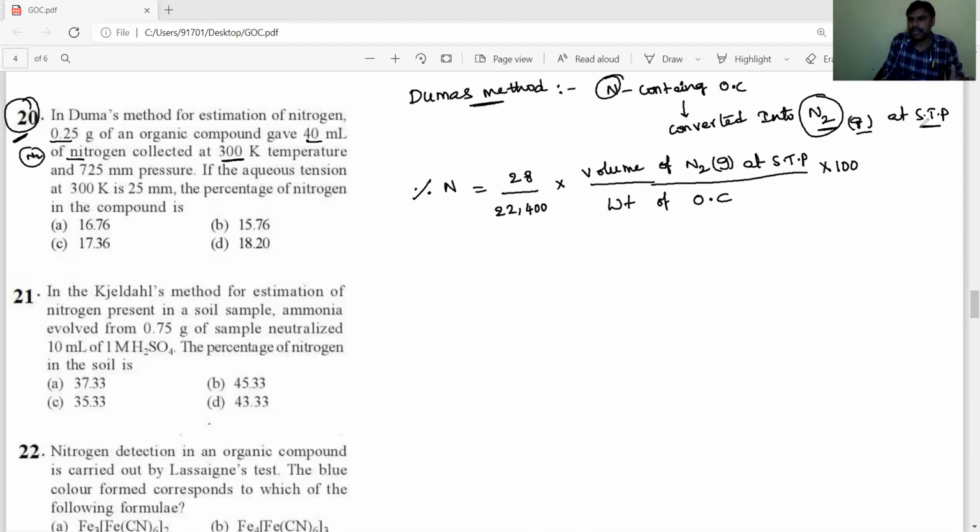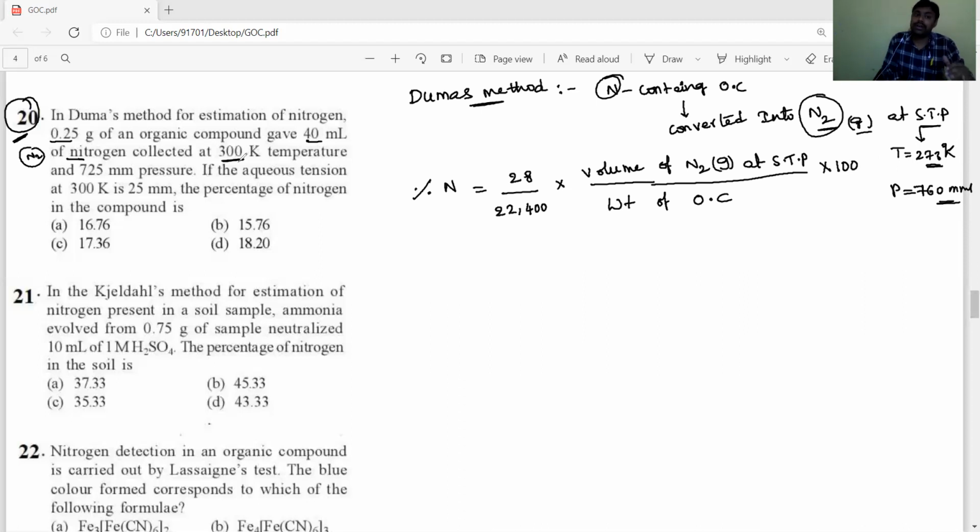But STP condition means the temperature is 273 kelvins and the pressure is 760 mm, or 1 atmosphere.